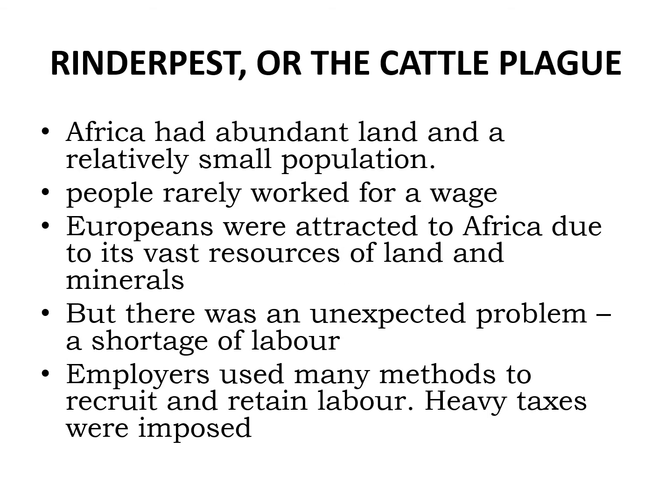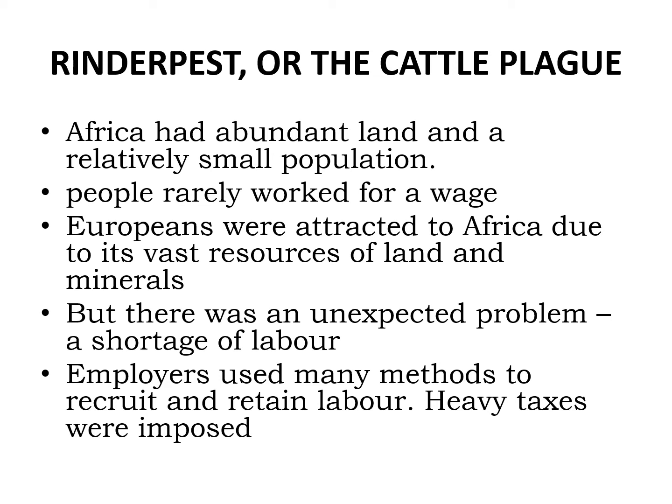As you all know, in the 16th century Africa was discovered, and the people of Europe saw abundant land and a small population there, and people rarely worked for wages. Europeans were attracted to Africa due to its vast resources and land. But there was an unexpected problem, a shortage of labor, and employers used many methods to recruit and retain laborers.